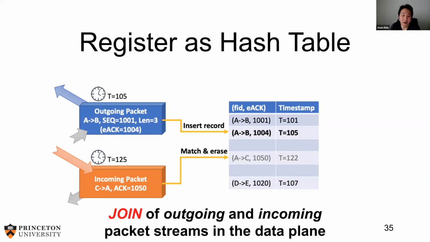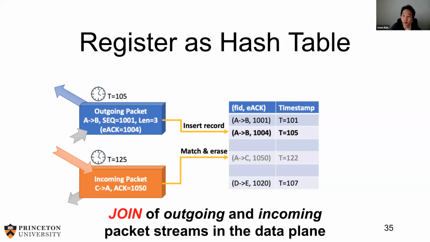We hash the flow ID and expected ACK, and save the timestamp as the value in that hash table. Later, if we see an incoming packet which has the ACK number, we try to find a matching entry there. If we do find a match, we subtract the timestamp to get the RTT and then erase that entry. If not, that's a miss, right? So this is basically a join of outgoing and incoming packet streams happening in the data plane.